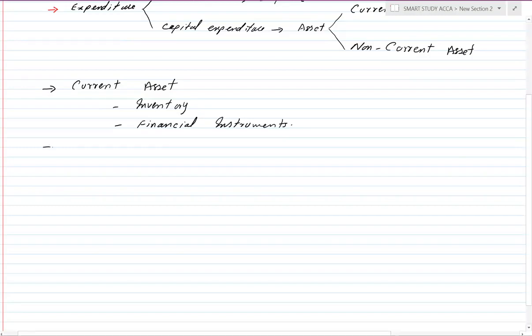After that, we will move towards non-current assets. We need to consider whether a non-current asset is for investment purpose, meaning we have purchased it only for investment purposes, or we have purchased the non-current asset for business use.